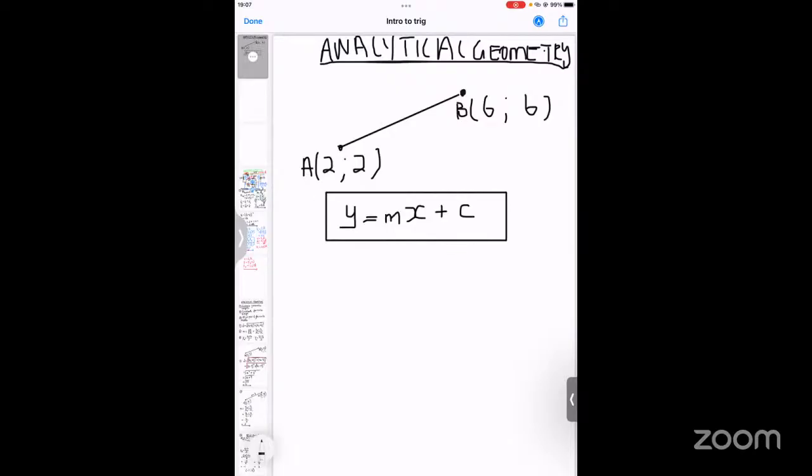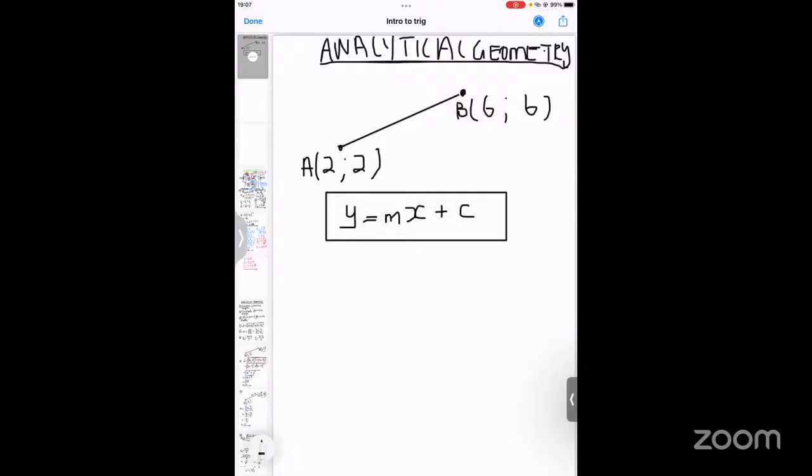So always when you determine an equation of a straight line, you just want to remain with x and y in that equation. That means you must determine m, and you must also find c.